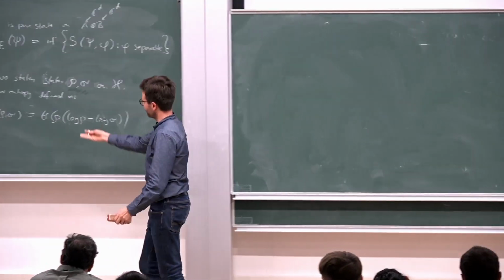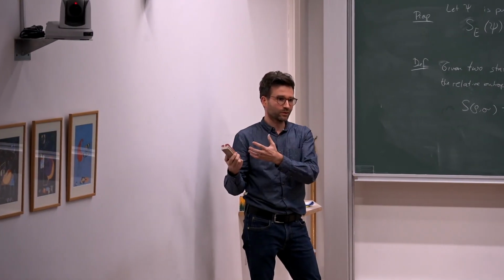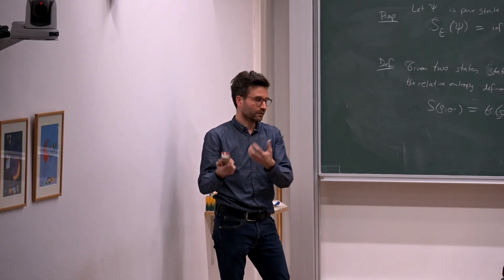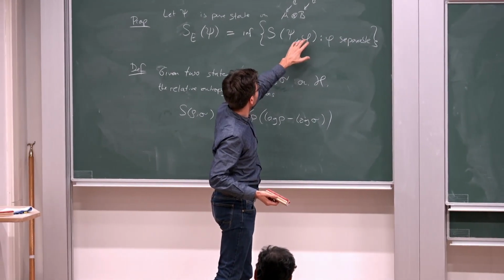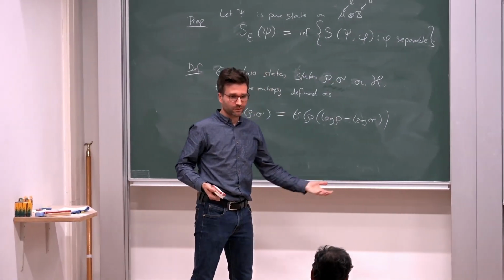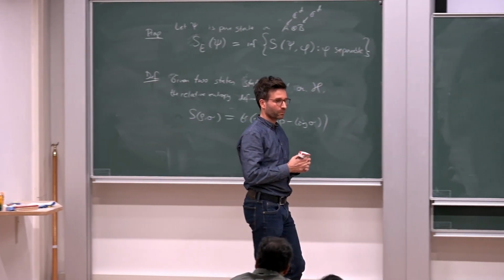So one can use this relative entropy as a kind of distance measure between the two states, and in particular in this case, as a distance measure between separable states and this non-separable entangled state. Okay?